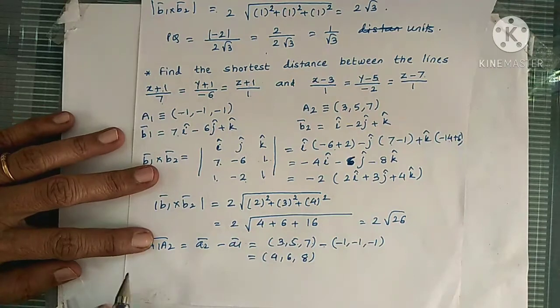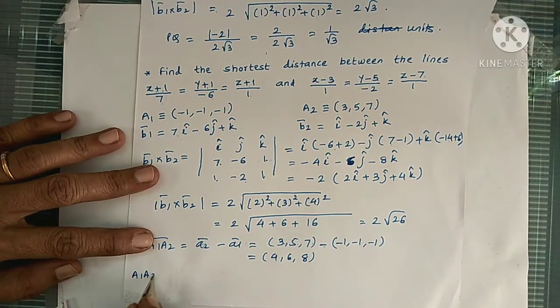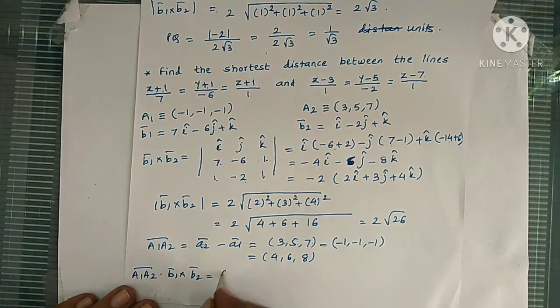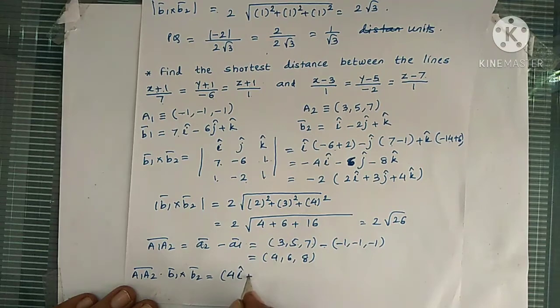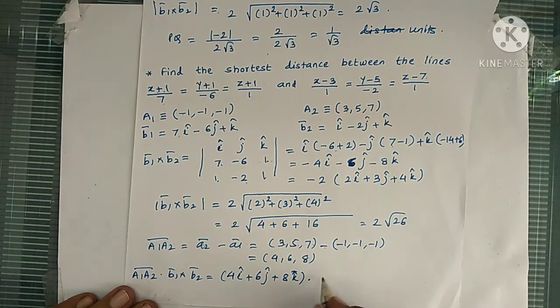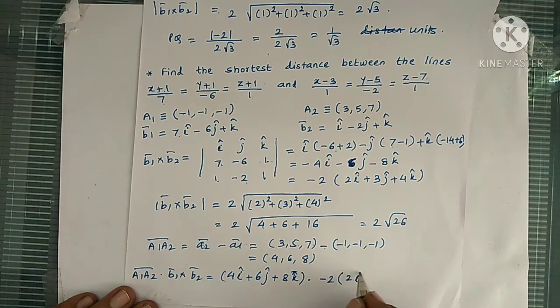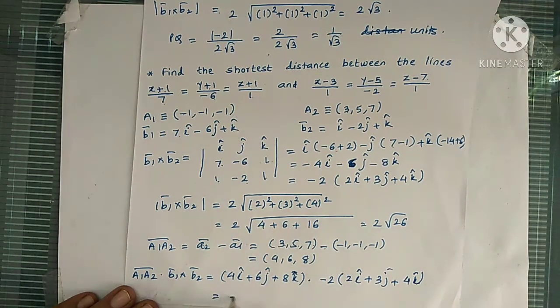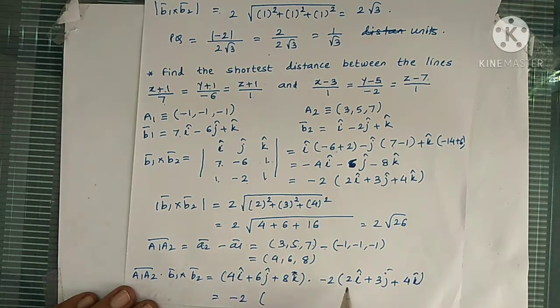Now the next one is we have to find out the dot product: a1 a2 bar dot b1 bar cross b2 bar. So it is 4 i cap, 6 j cap, 8 k cap, dot minus 2 i cap plus 3 j cap plus 4 k cap. Here also we can take 2 common, but let it be. So this is minus 2. Next one is 4 into 2.